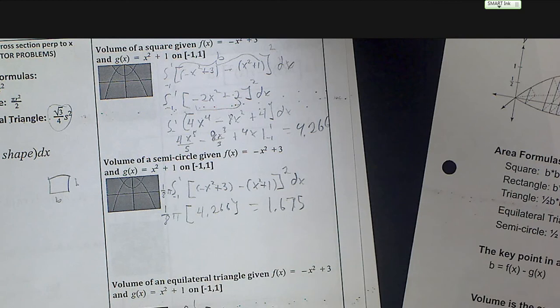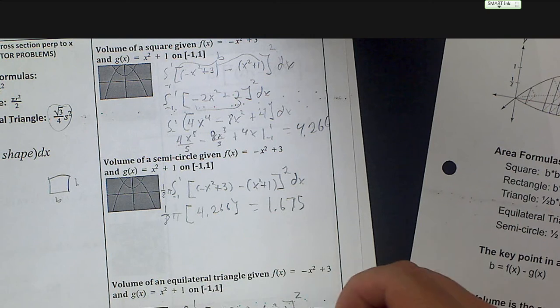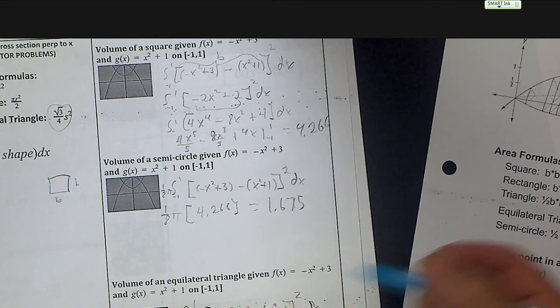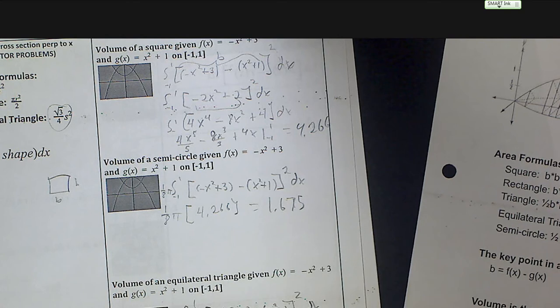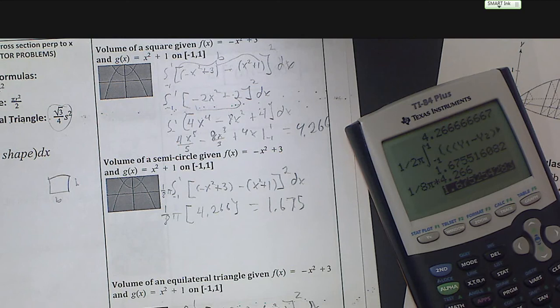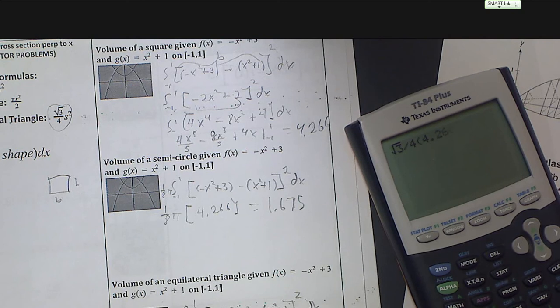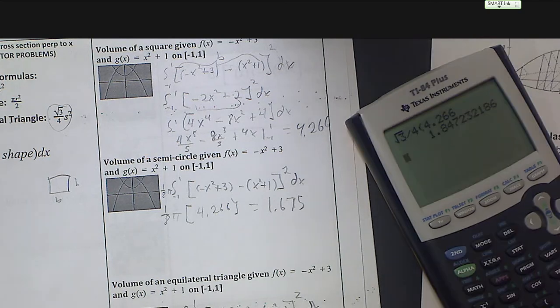It's exactly the same stuff, identical, and we've already done this math. We know what that is. So our final equation is going to be square root of 3 over 4 times 4.266, which is about 1.847.